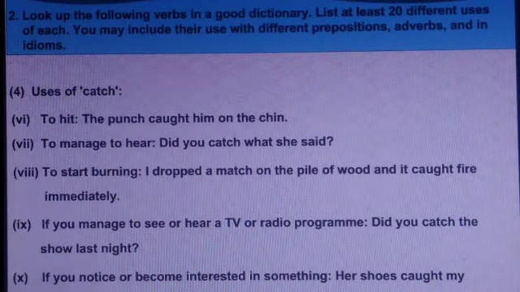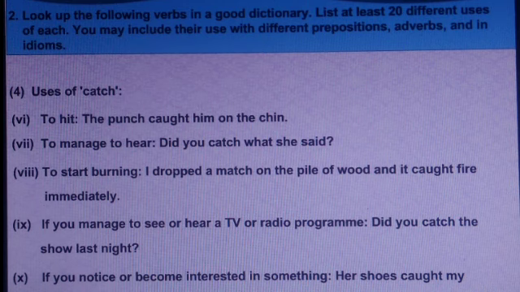The fourth one is the verb catch. It is used to refer to any hitting action. It is also used to refer to managing to hear something, if somebody is telling you something. It is used to start burning something.